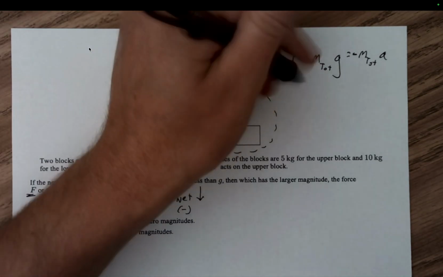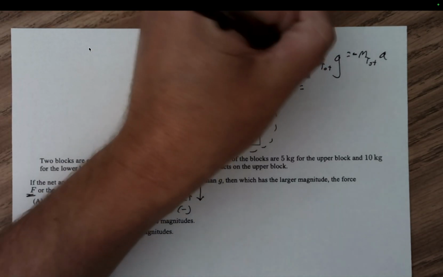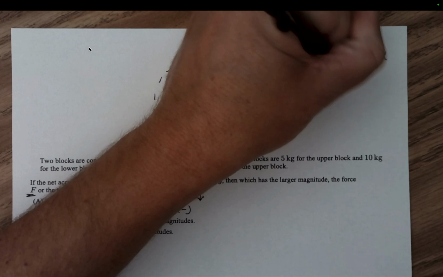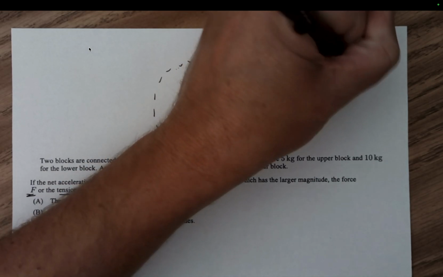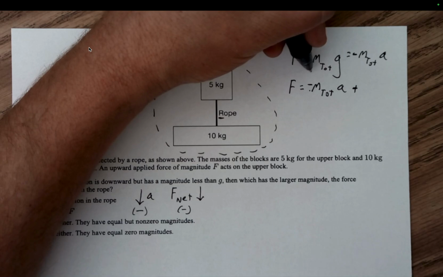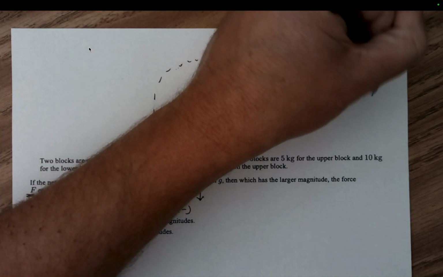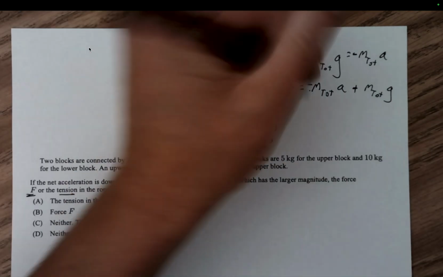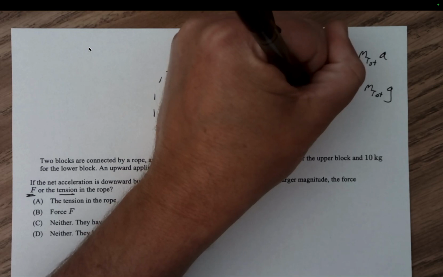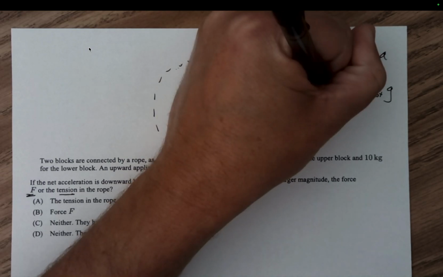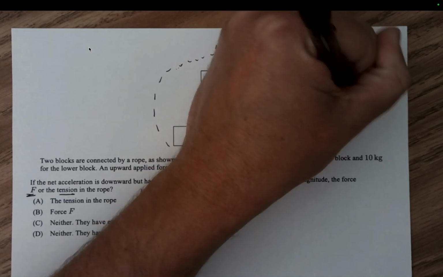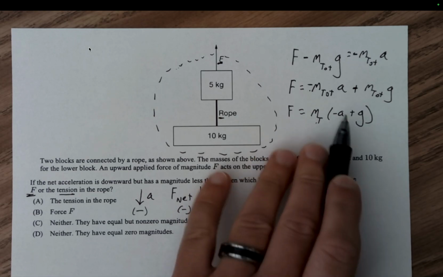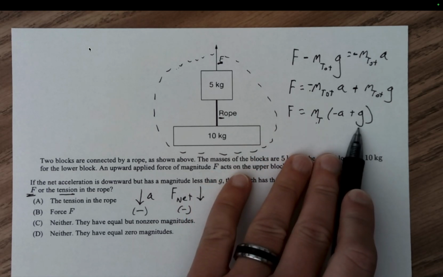So this F is still this negative M total times A, and I'm moving the M total times G to the other side, so it's now M total times G, and M total and M total, so that allows me to pull out this M total, negative A plus G. So now I have an expression for what this force is in terms of the mass, the acceleration of the system, as well as gravity.